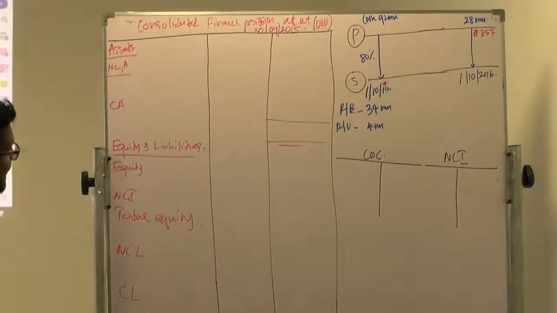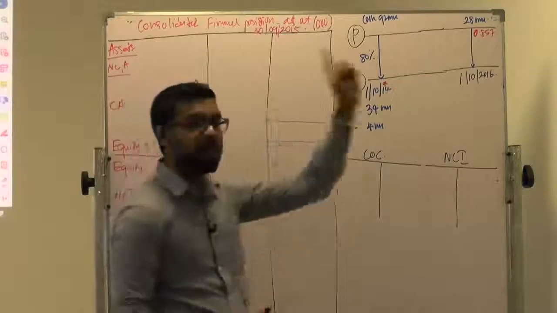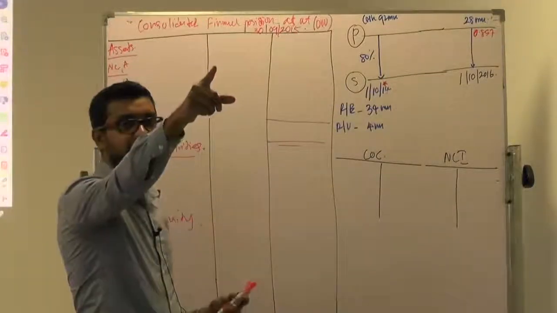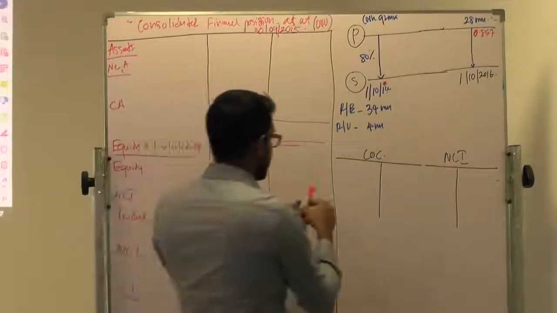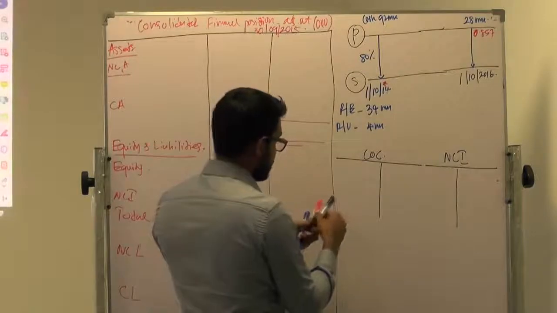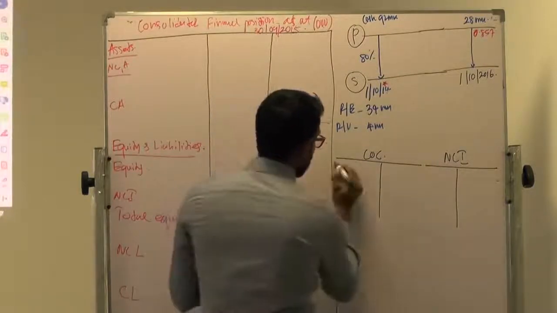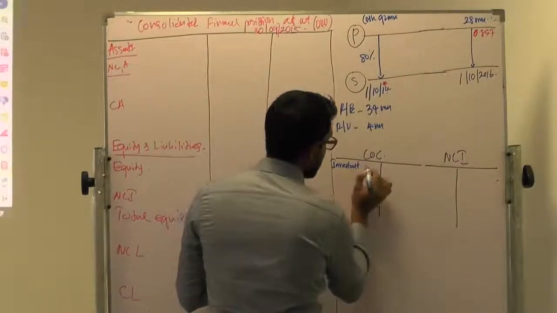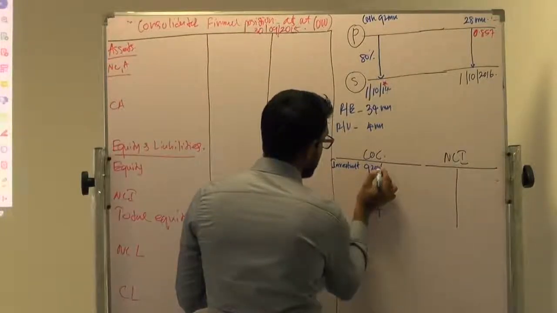Take your investment from the balance sheet of the parent, which is a debit balance. Credit investment in the parent and debit cost of control account, 92 million.